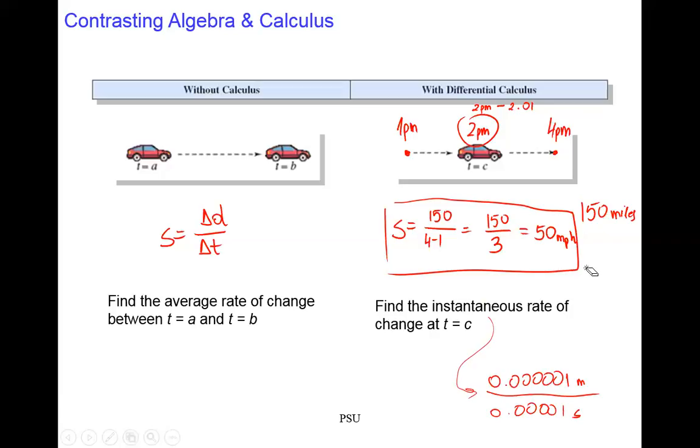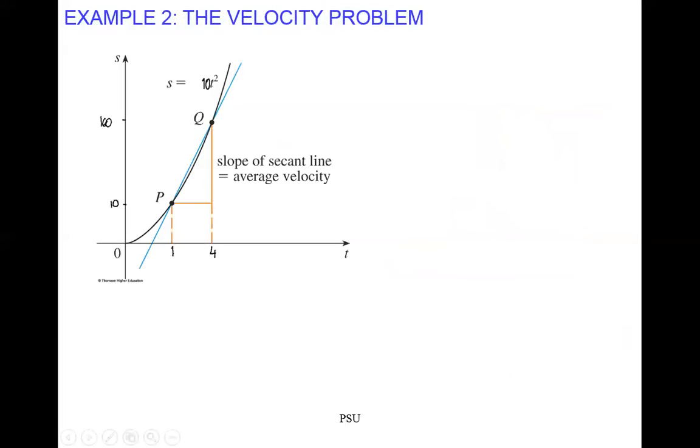And let's look at this. I do have a graph. I just pick a function. Let's say this function represents a parabola, a quadratic function, which is defined as s equals 10 t squared, and this represents the position, the distance. Okay, s is the distance, and t is time in hours.